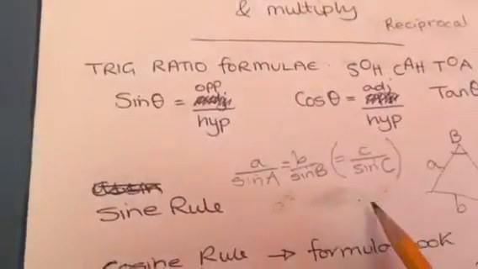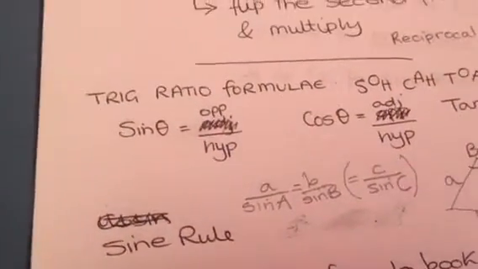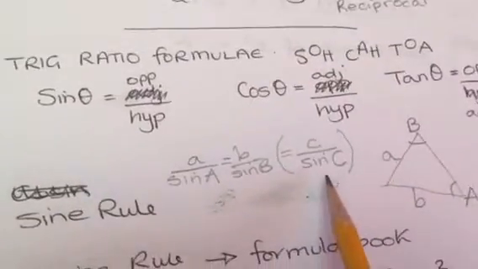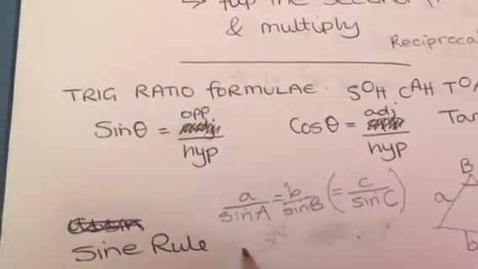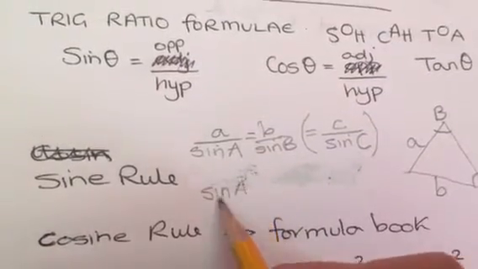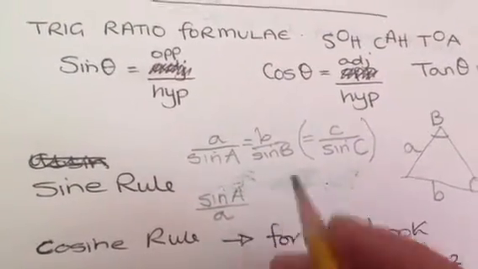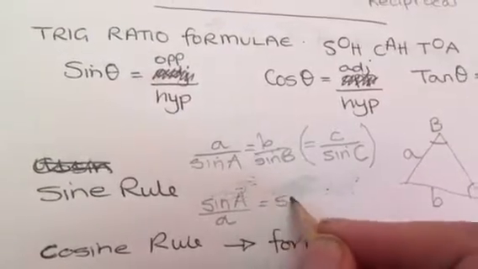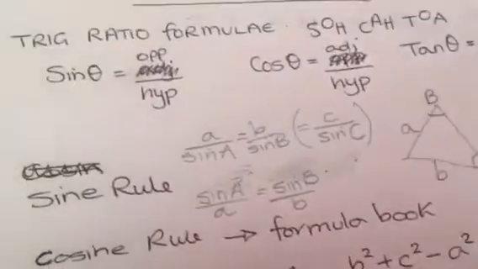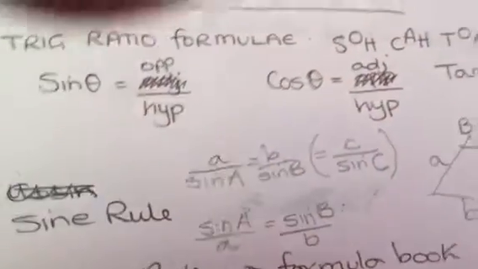You can flip the fractions as well. So if you were trying to find out the angle, instead of writing it this way up, you would write sine A over a is equal to sine B over b. So that's the sine rule, which you should also know from GCSE.